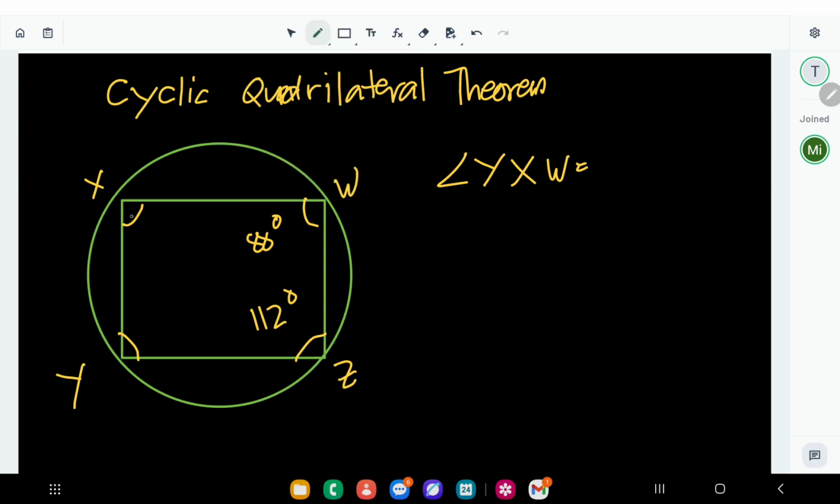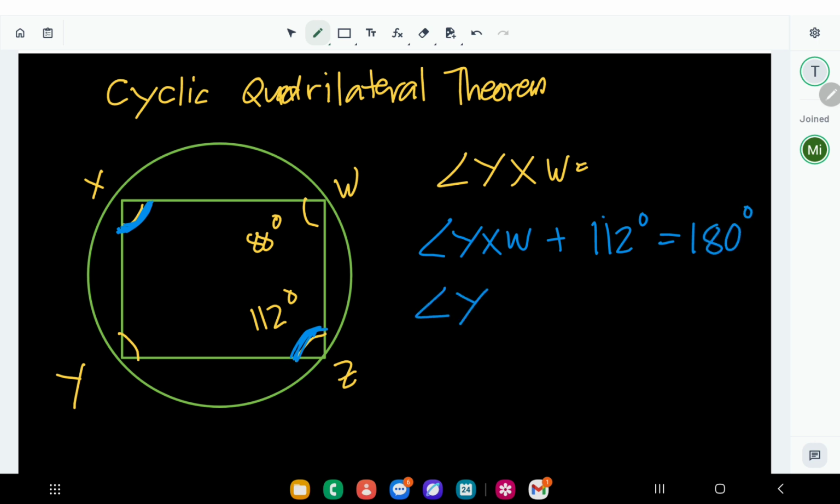So angle YXW is this one. Can you see me writing? Okay, this one I marked blue. So this is angle YXW. This angle is opposite to angle Z. All right, so that means angle YXW and angle Z, which is 112 degrees, add up to 180 degrees.